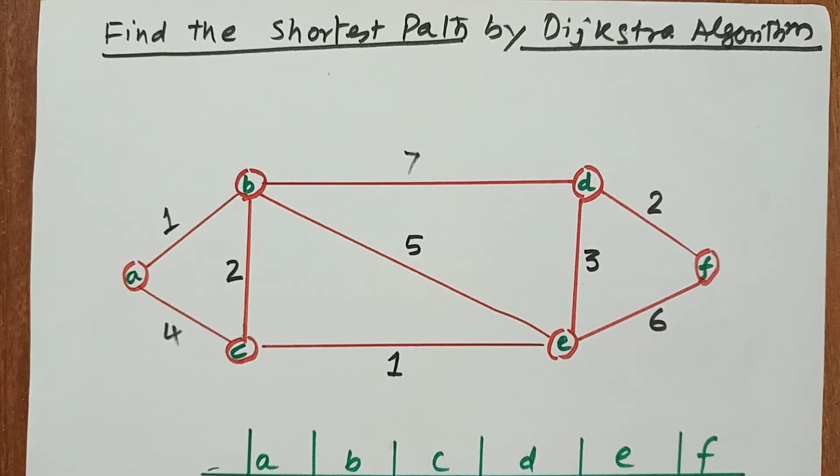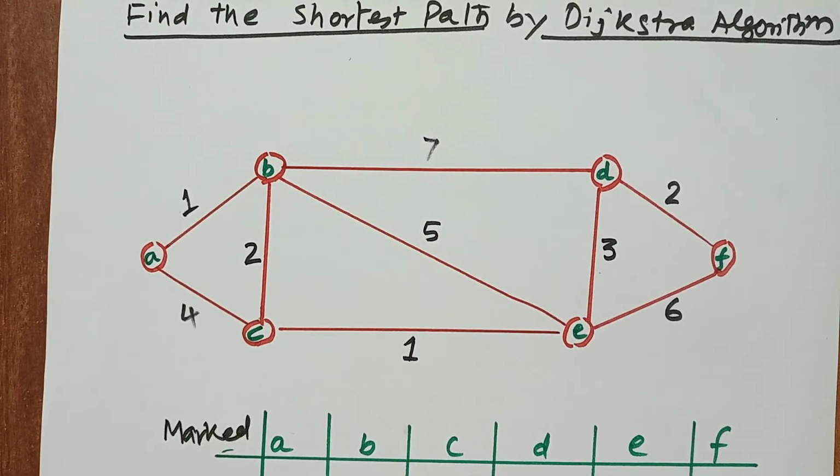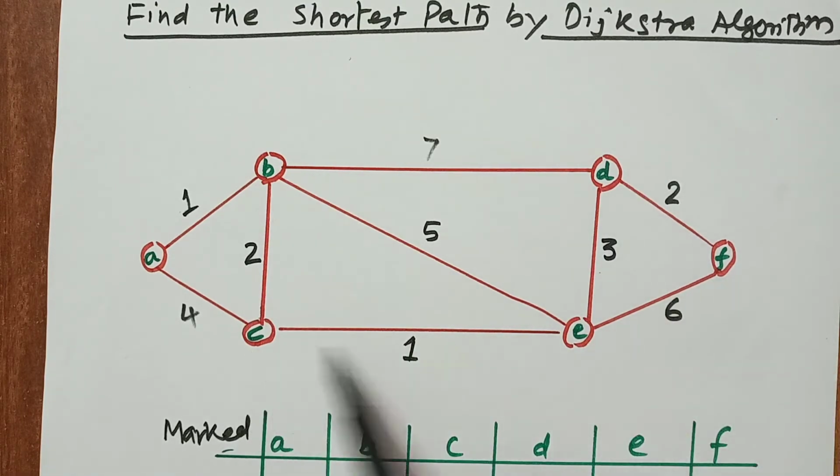And here we will write marked vertices. Okay. Now, what is the first step? First step is, we will remove all loops and parallel edges if they exist. In this graph there are no parallel edges and no loops, so no need to use this step.